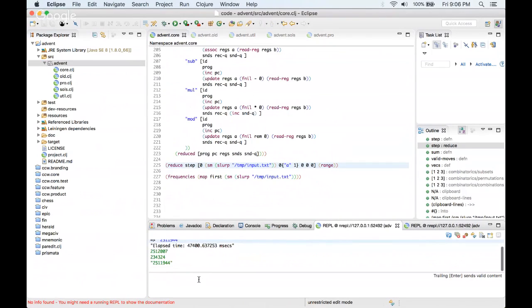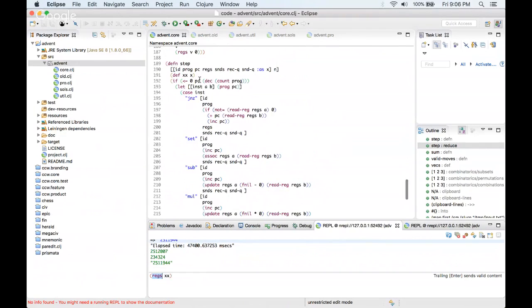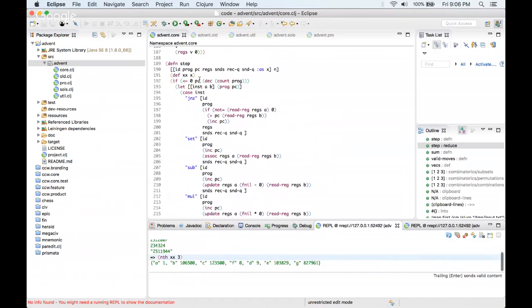But, so let's talk about, I guess, the regs. So regs is going to be like the fourth thing in here. Okay. So looking at this, it seems like it hasn't even gotten to H yet.